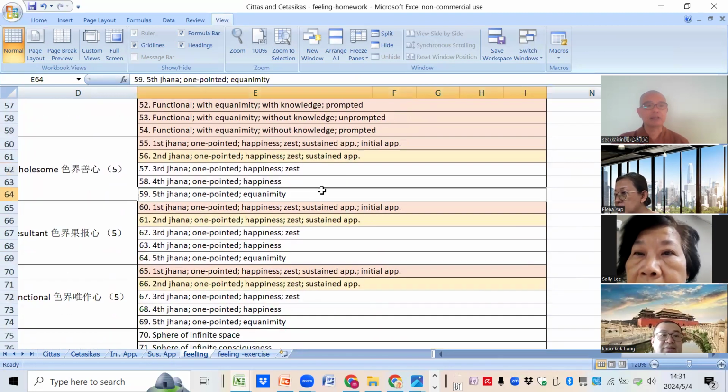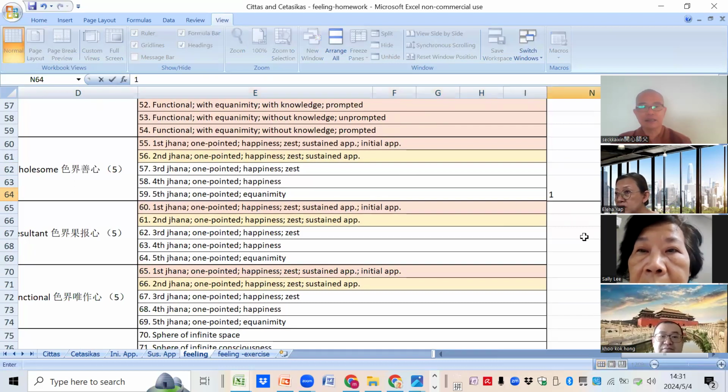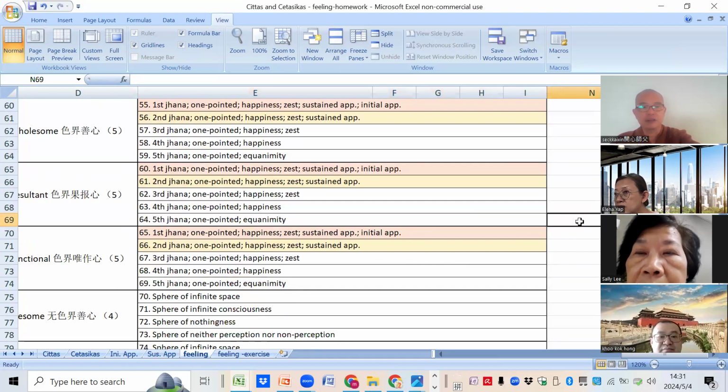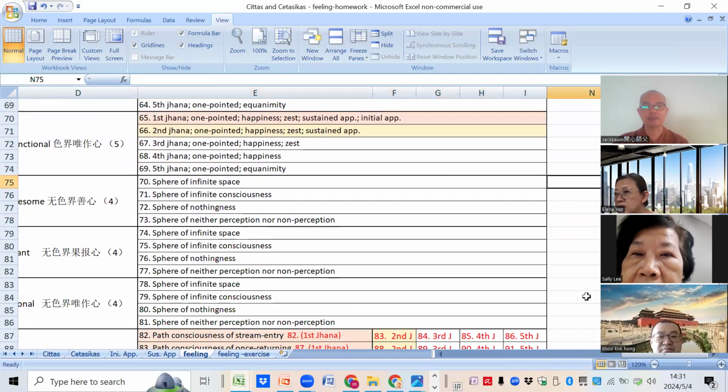All right, then we go to the wholesome jhanas. Which one do you see with the equanimity? 59, the fifth jhana. And the resultants will be the same, in the fifth jhana, and the functional also in the fifth jhana, respectively 64 and 69.